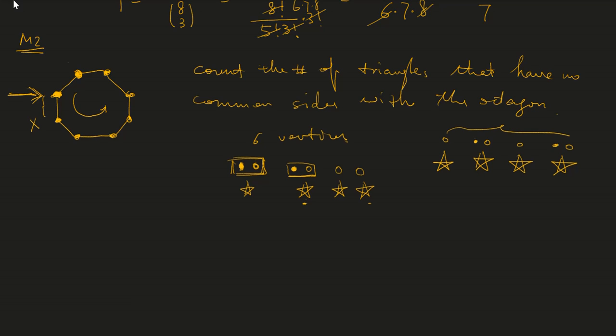This is the 6 vertices, right? Then we place these 6 vertices in this direction, in our counterclockwise direction, from this vertex all the way to here. That gives a way to select the 2 vertices for the triangle.